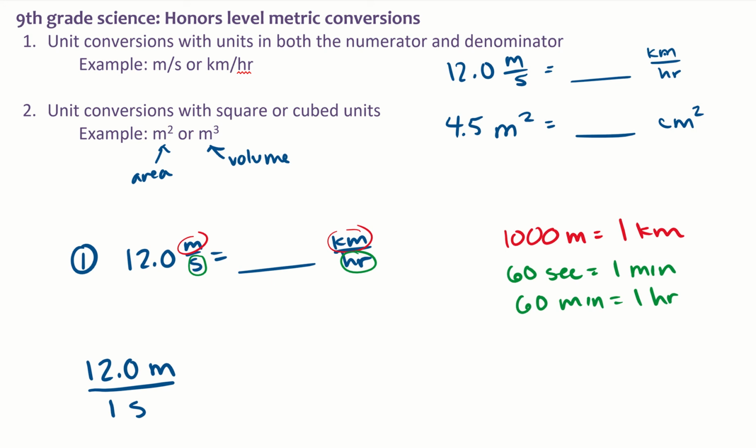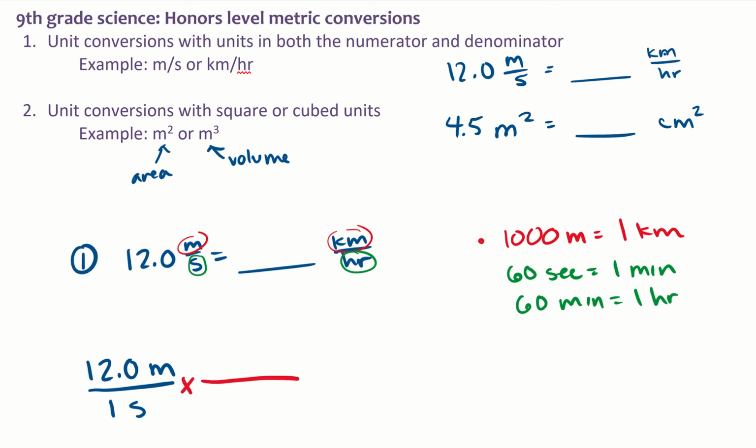Okay, and I am going to first attack my meter units and try to get my meter units to turn into kilometers. Okay, not going to change the amount, I'm just going to change the units. Okay, so just like in the basic unit conversion video, like I showed you, these are special forms of 1 that we call conversion factors. And if we multiply by 1, we're not changing the amount, but this is a special form of 1 that will allow us to change the units.